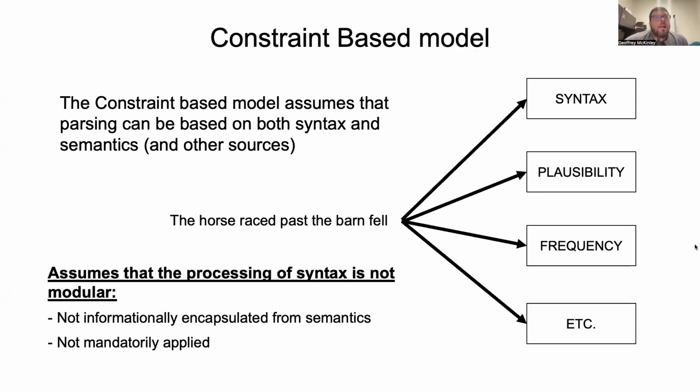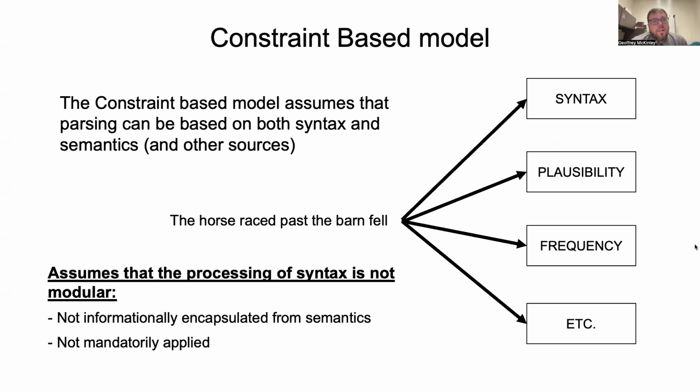So the constraint-based model assumes that parsing, or syntactic processing, or sentence interpretation, can be based on syntax and semantics as well as other sources, all at the same time. You don't start with the syntax first and then use other things once it fails; you use them all at the same time. The other idea is that there is no syntax module.